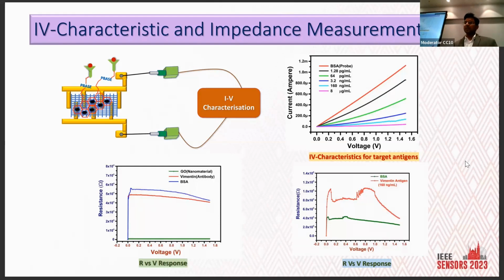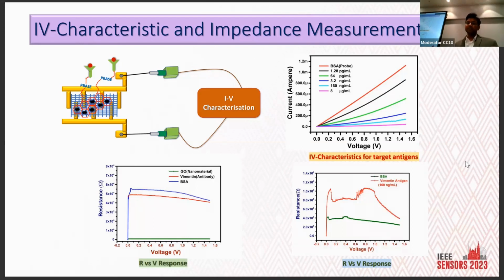You can see that after BSA treatment, when we expose the sensors to the plasma, and the plasma contains the Vimentin protein, the current decreases, and it goes on decreasing in the same fashion as we increase the concentration of antigen in the plasma.